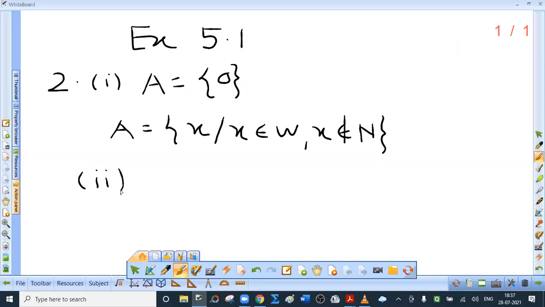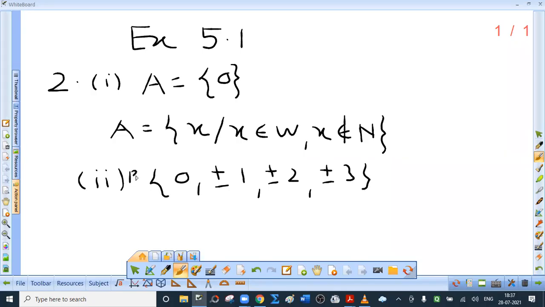Write down. Now the second part: 0, plus minus 1, plus minus 2, plus minus 3. That's it. This is a finite set. Okay. So how will you describe this? Now you will notice I say that this is set B. Okay.